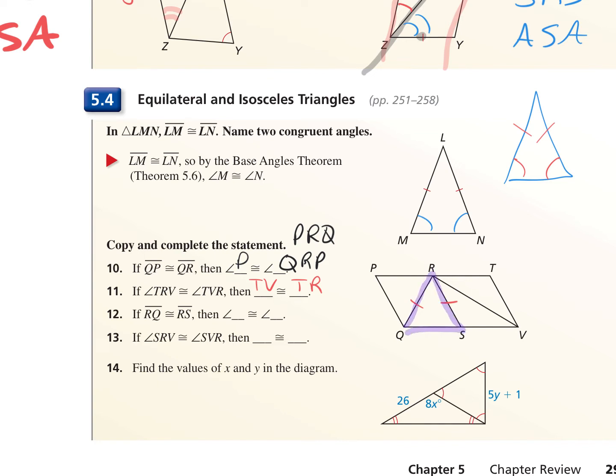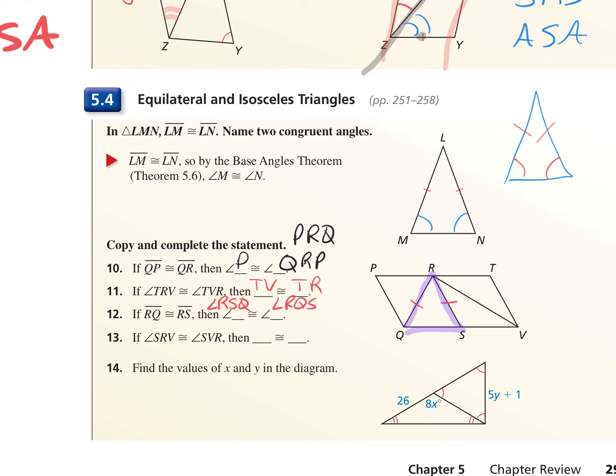And then the two base angles that would be congruent are these guys down here. And again, there are two different angle Qs going on and two different S's, so I have to name it with 3 letters. So I can name it as angle RSQ, and then the other angle would be RQS.